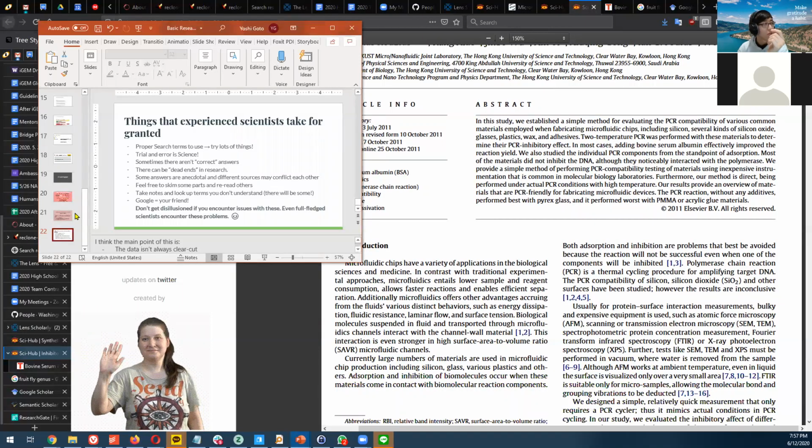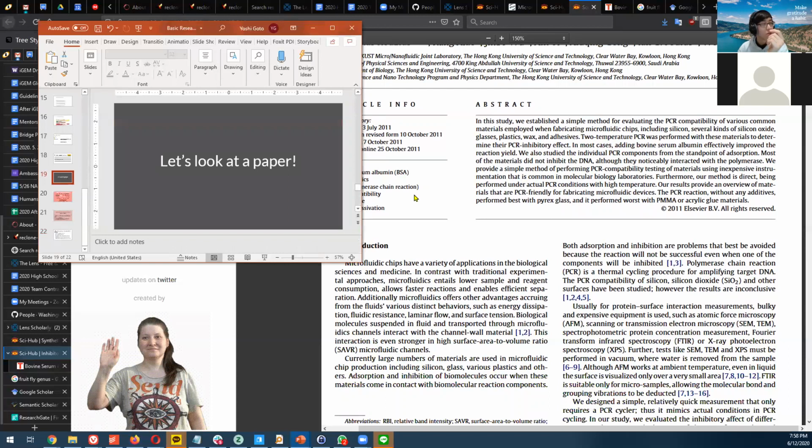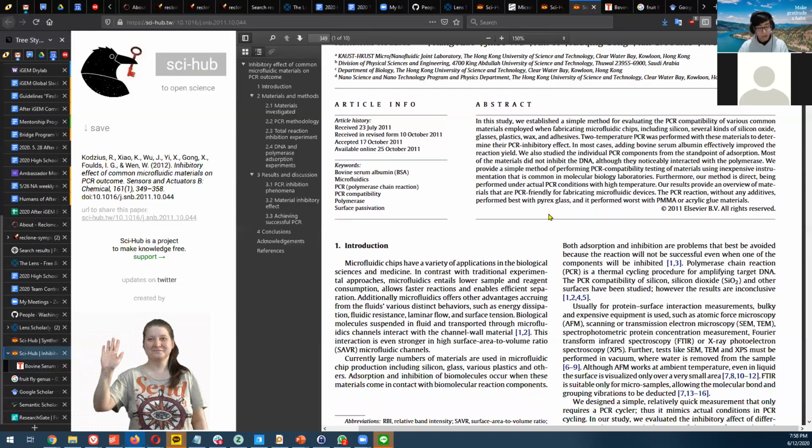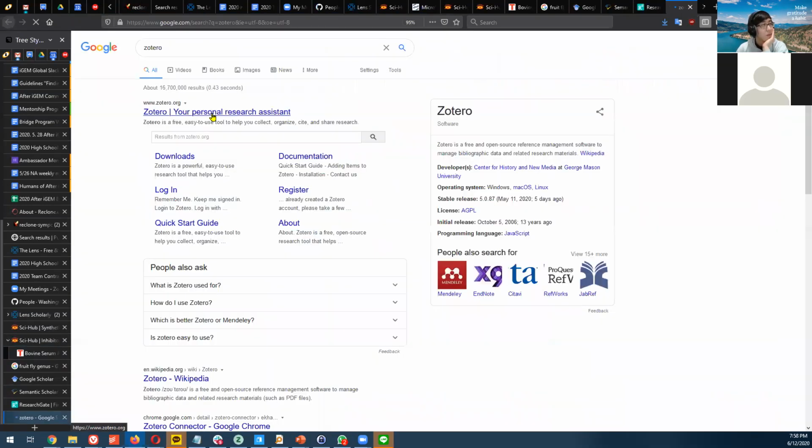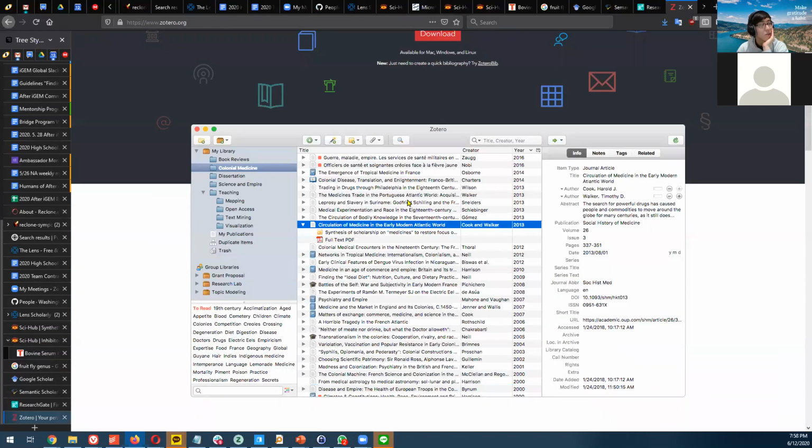There's a program called Zotero. What it does is it organizes all your PDFs of papers for you, and you can open them in Zotero, and there's a highlighting section, and you can search up all your highlights and things like that. It's really useful.